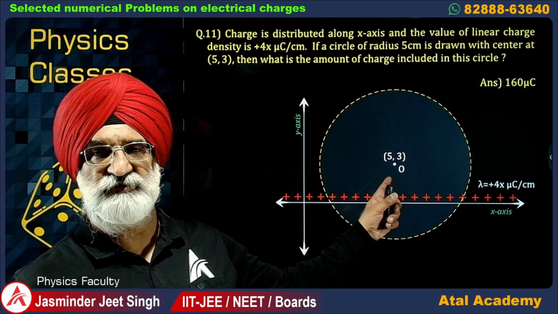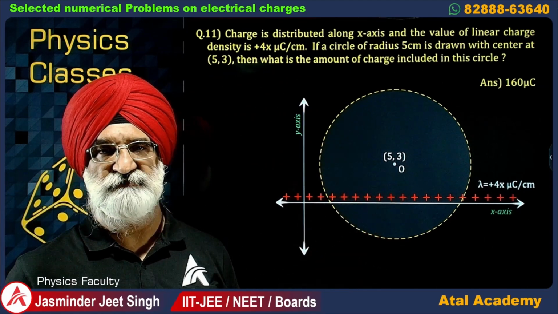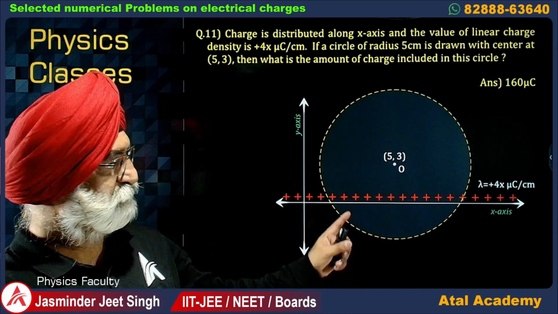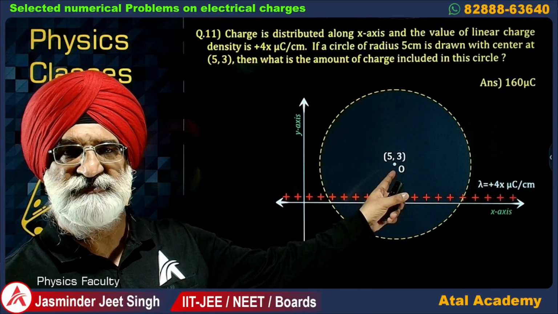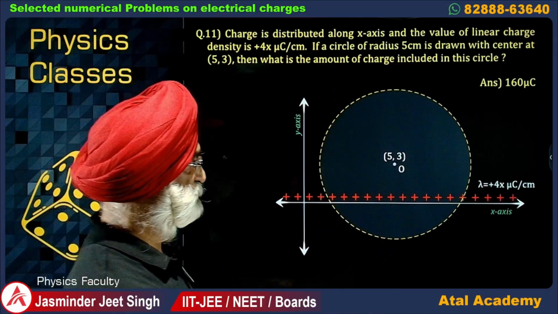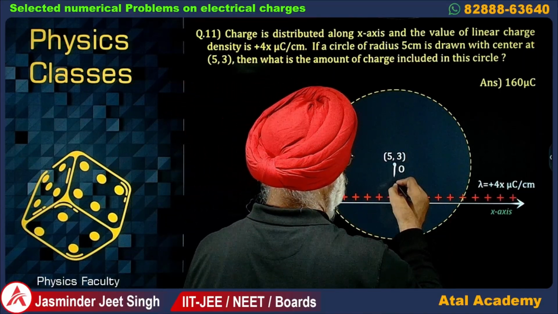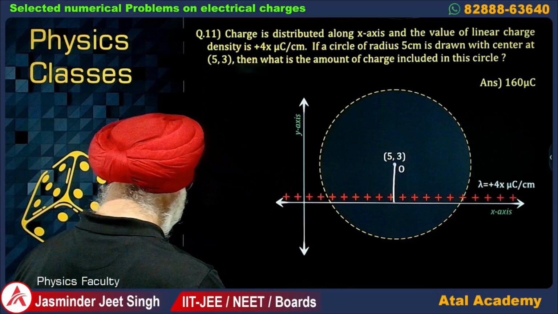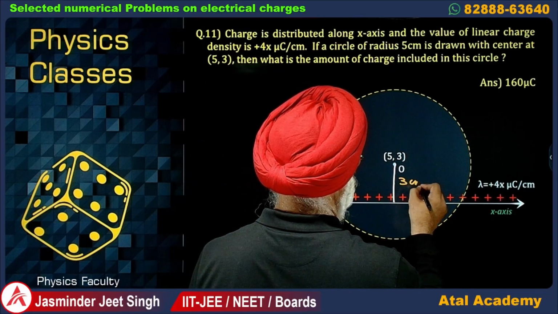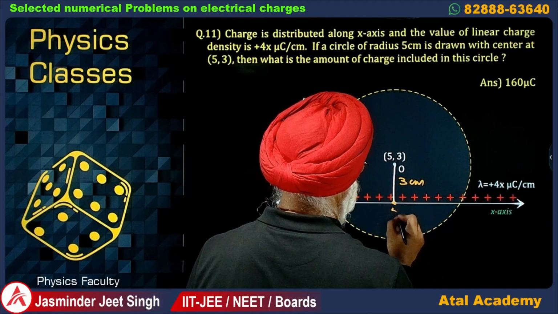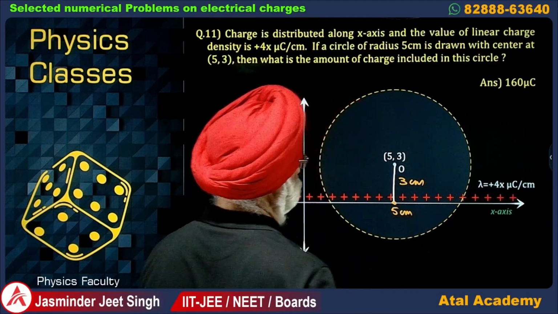The center is at the point O, whose coordinates are (5,3). Now if you draw a perpendicular from the point O, which is the center of the circle, on x-axis, the length of the perpendicular will be equal to 3 centimeters and this point will correspond to 5 centimeters.